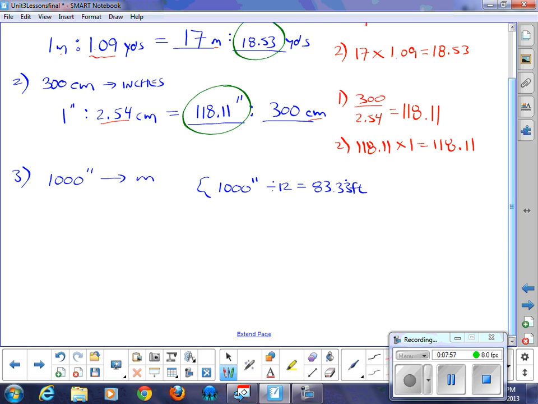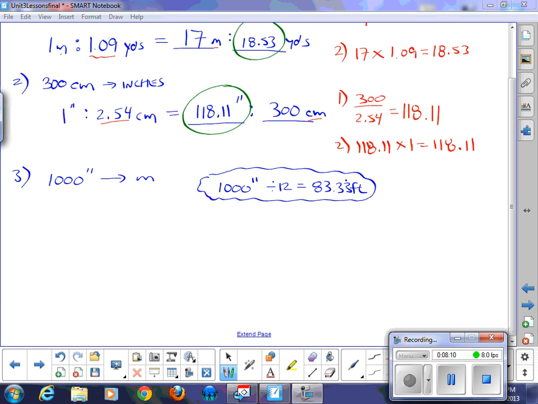And I'm allowing you to keep it in decimals when we're doing conversions. So this question isn't really what's 1,000 inches in meters. This question is really what is 83 decimal 3 repeated feet in meters.